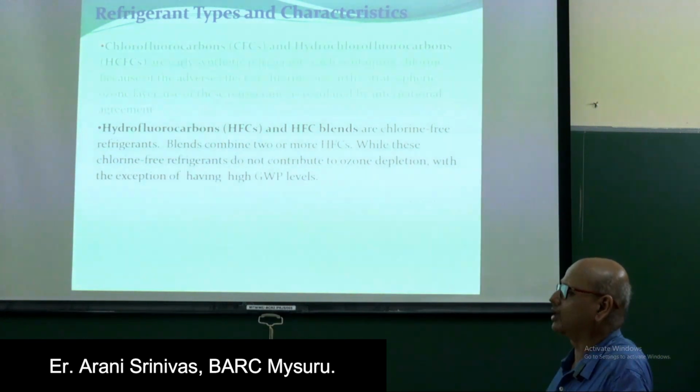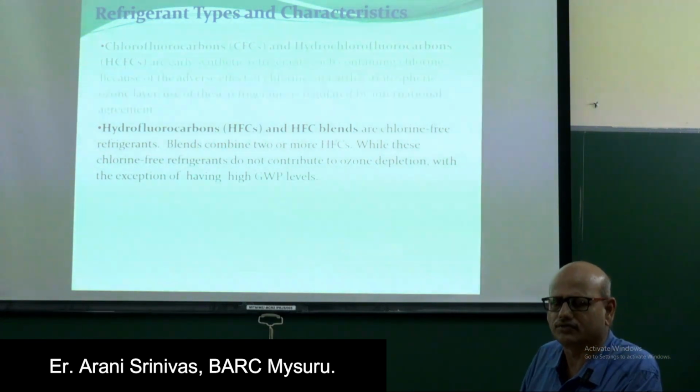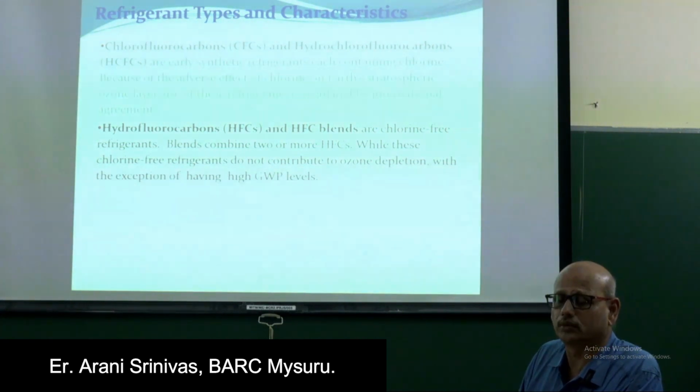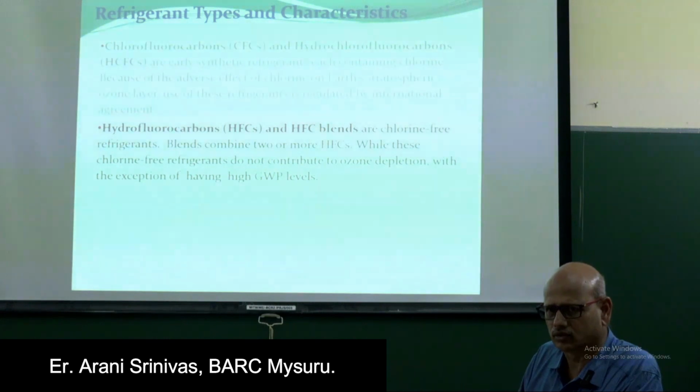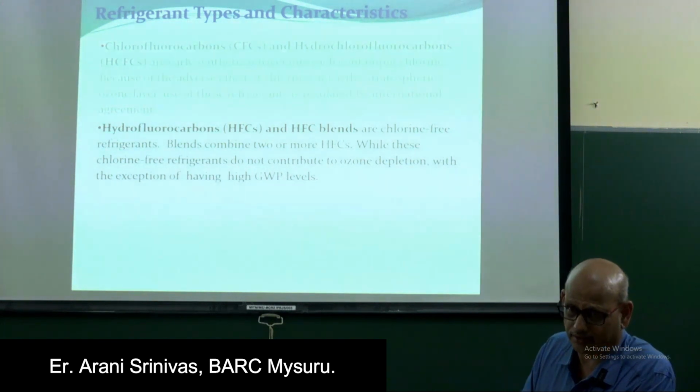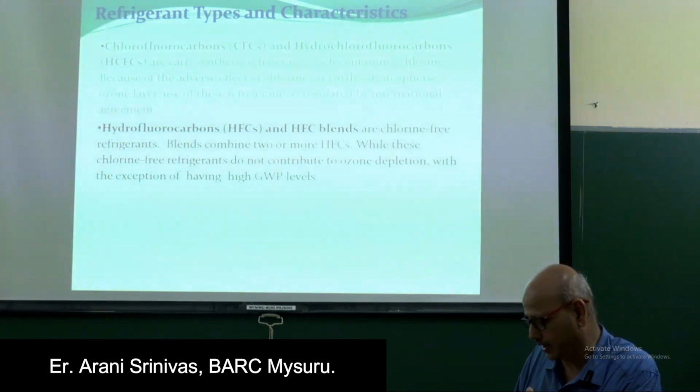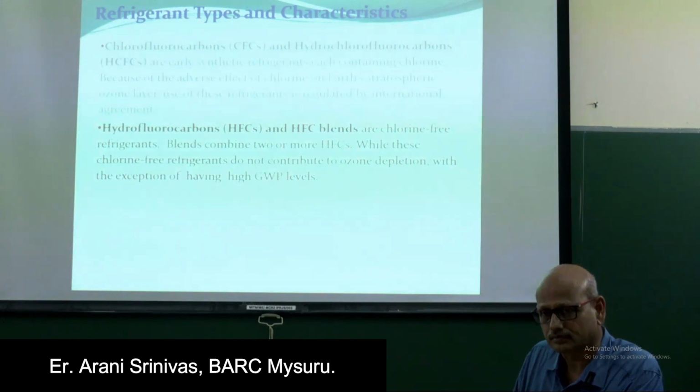So chlorofluorocarbons, we call them CFCs: R11, R12, R22, up to that we call chlorofluorocarbon. Those gases had more chlorine. When released, they went to the atmosphere and destroyed the ozone layer.